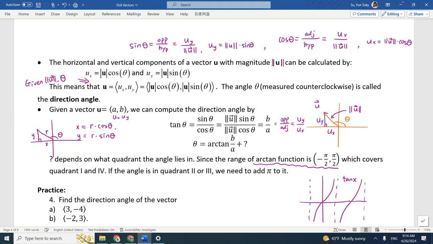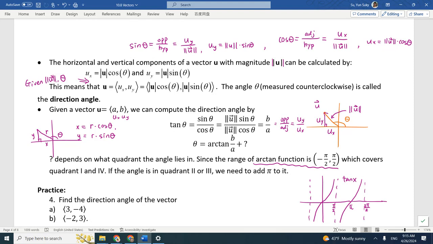So this is pi over 2, this is pi, this is 3 pi over 2. When you add pi to it, then you get this part. From pi over 2 to pi is quadrant 2. Right, everybody?